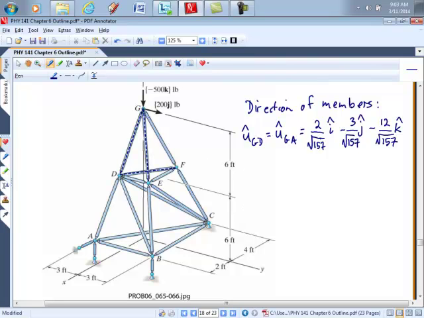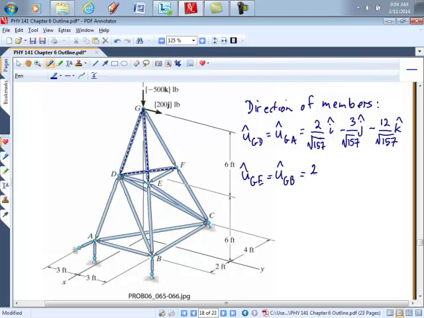We also need the unit vector from G to E, which is going to be the same as the unit vector from G to B. Same direction. So from G to B, how far do we go in the x direction? By symmetry, the only thing that's going to be different is this one's going to be in the positive y-axis.